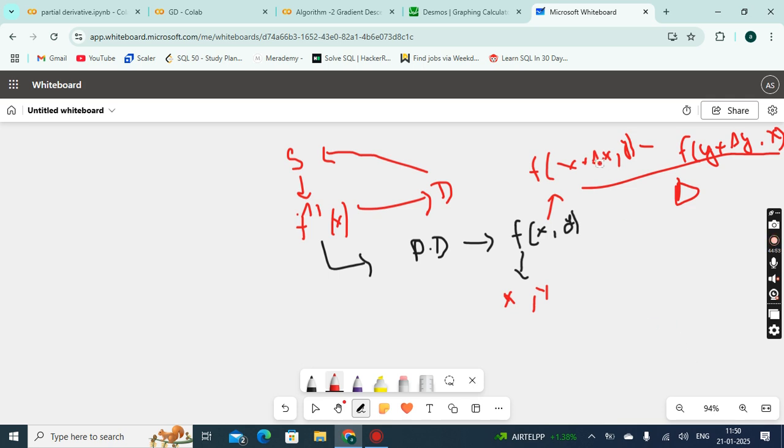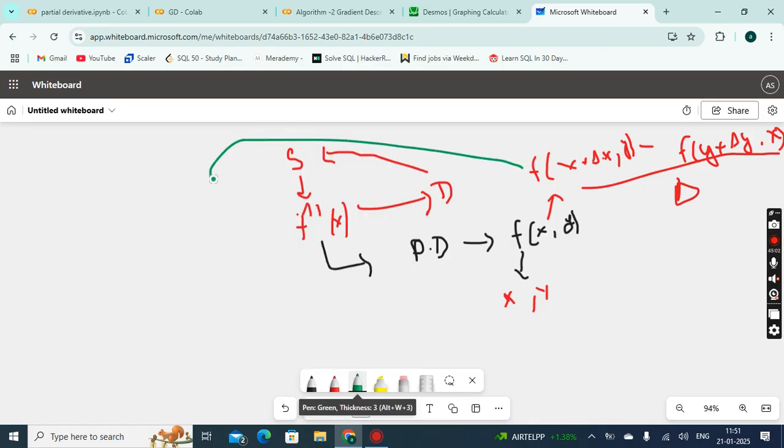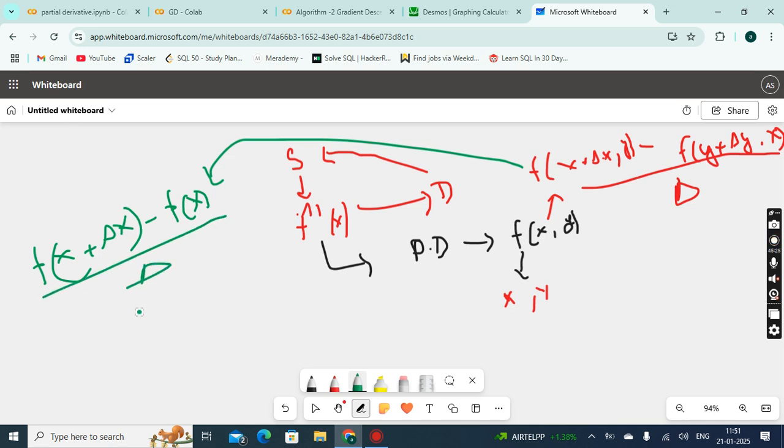If you have seen this formula, then you can easily recall the method when we were playing with a single variable. That function was f of x plus del x minus f of x, divided by del.